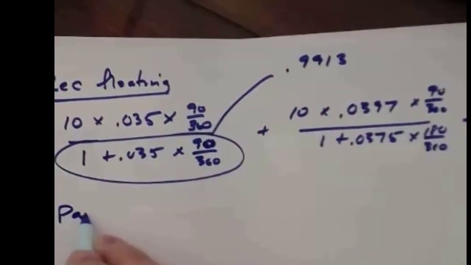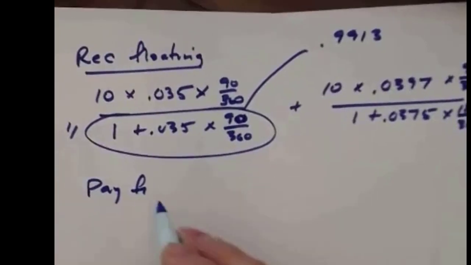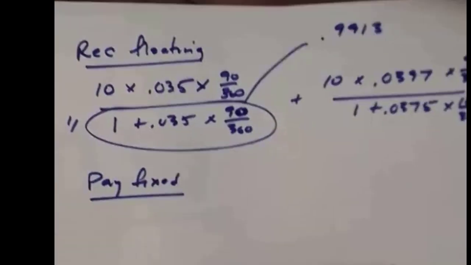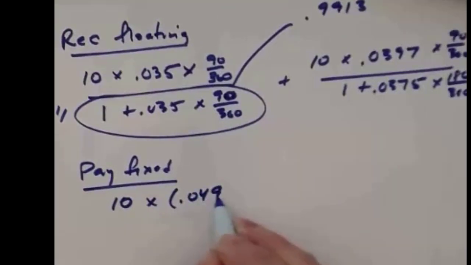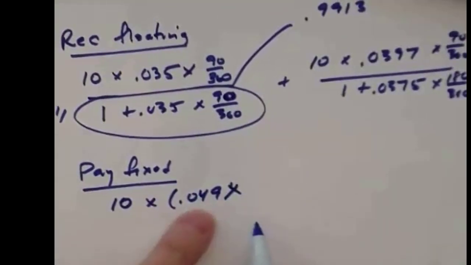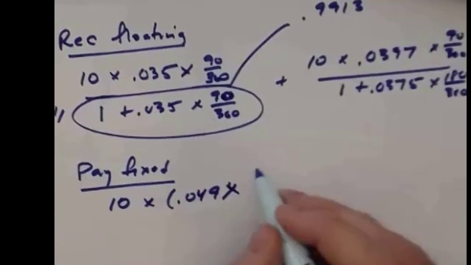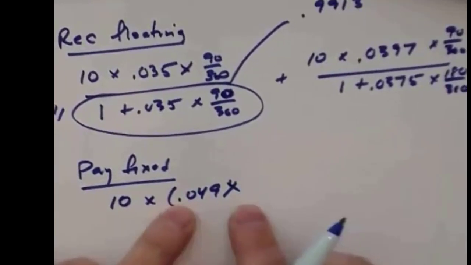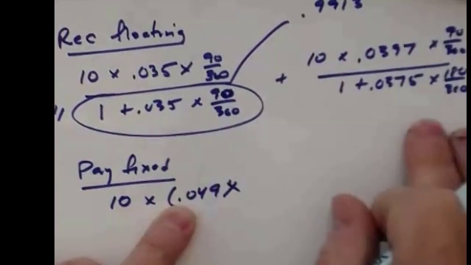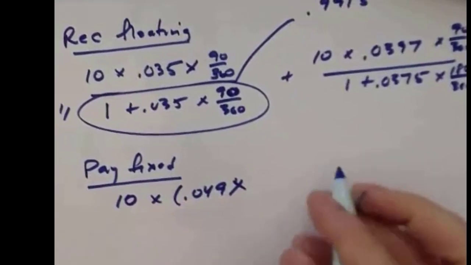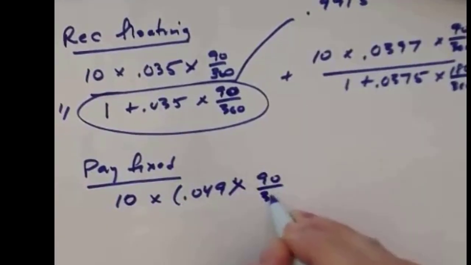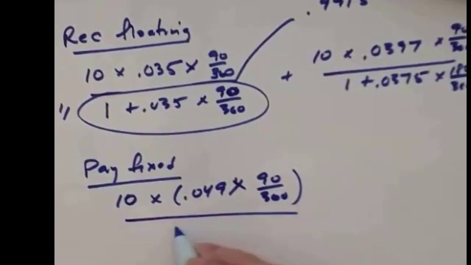Now we have to do the calculations for pay fixed. The pay fixed is 10 million times the swap fixed rate that was given at 4.9%. That swap fixed rate doesn't change. Even though all the other rates here are changing, the swap fixed rate is the swap fixed rate. It stays the same, but we have to discount it, again using the spot rate.